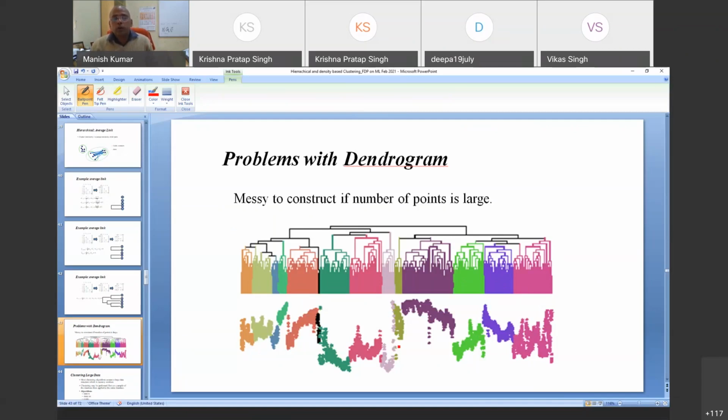So what we conclude here is that hierarchical clustering, where dendrograms are used, is good for some specified size. It is very difficult to identify the clusters otherwise. So for a larger data set, a different set of algorithms is required.